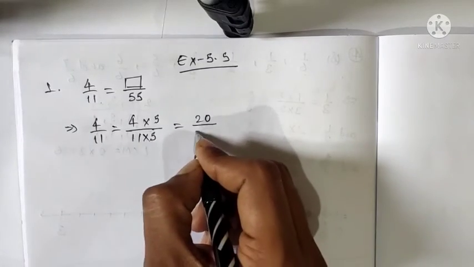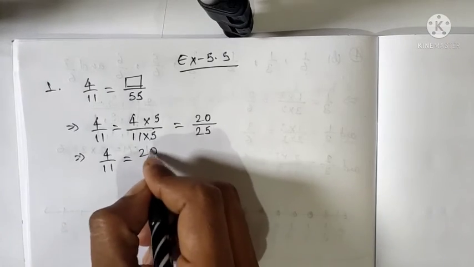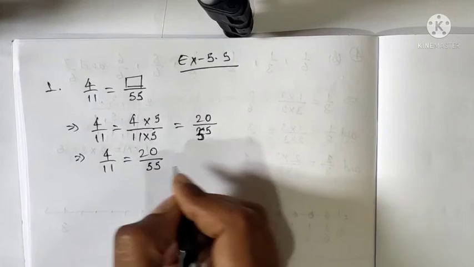That implies 4 by 11 is equal to 20 by 55. Answer simple. So in the box it is 20.